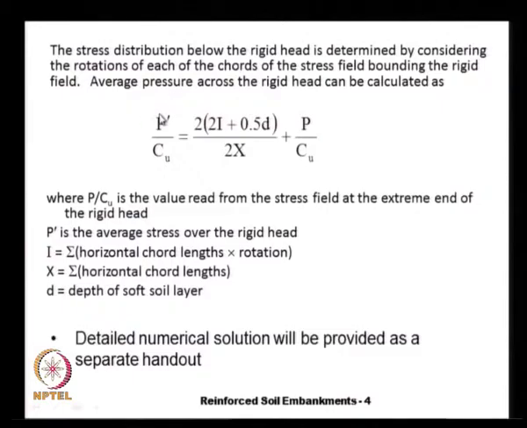And the equation that explains the stress redistribution and the increase in the bearing capacity is given like this.